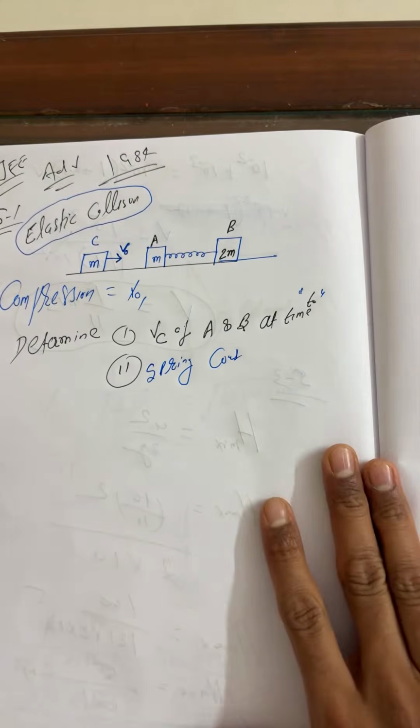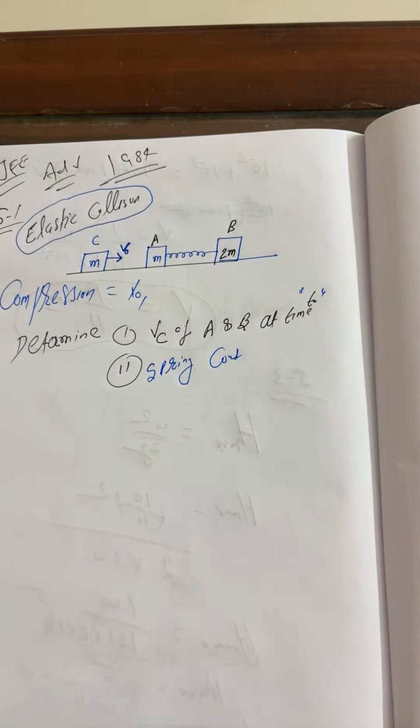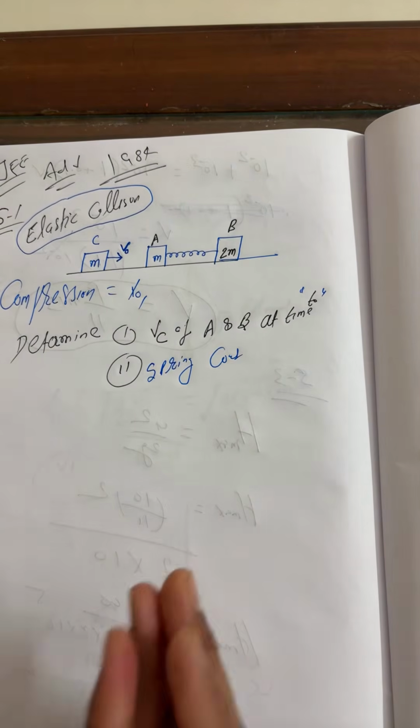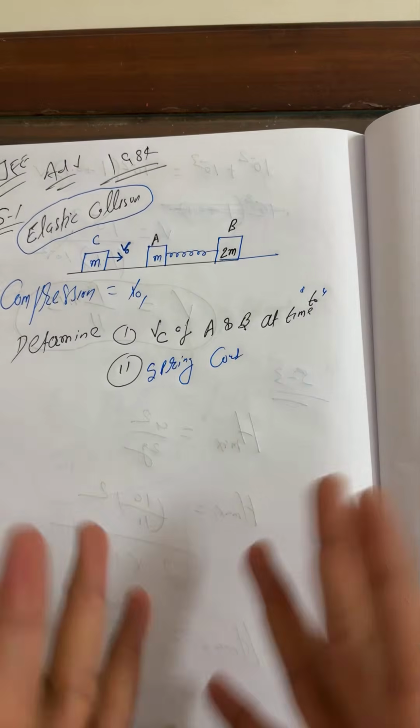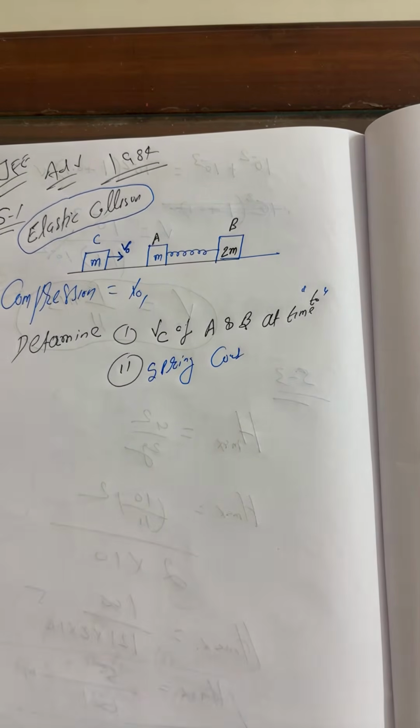Again, I'm just going to recapitulate the question. There is a system, block A and B, both connected through a common spring. It's an ideal spring. Initially, both A and B are at rest. Block C, with mass m, is in motion with velocity v naught.